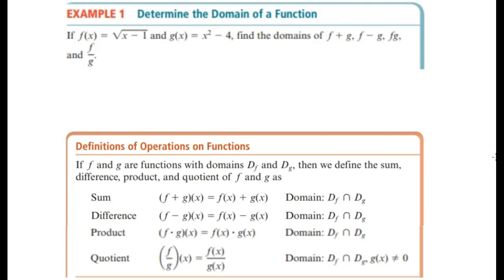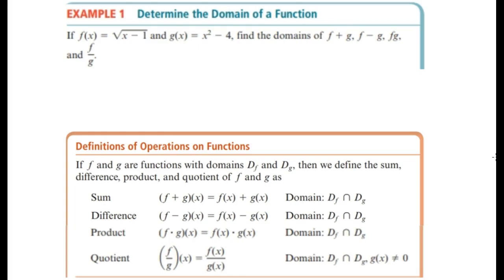All right, let's look at example 1, where we're just looking at the domain of f and g. And you'll notice that, as mentioned in the slide, the domains of sum, difference, and product are all identical, and quotient is very similar to that.